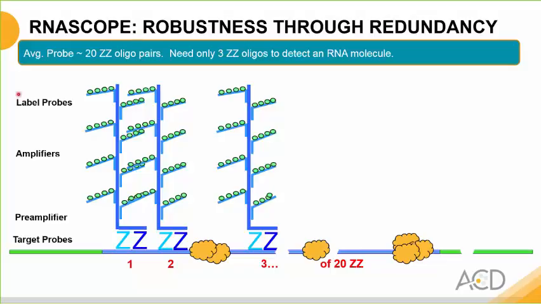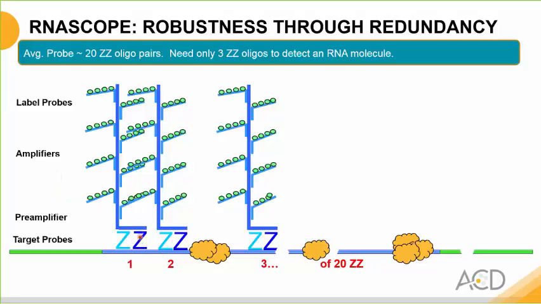The double Z strategy derives its robustness and reproducibility for the detection of RNA molecules through the redundancy of the double Z probes. Although most RNAscope target probes utilize approximately 20 double Z pairs, hybridization of only 3 of the 20 total pairs is required for detection of a single RNA molecule.